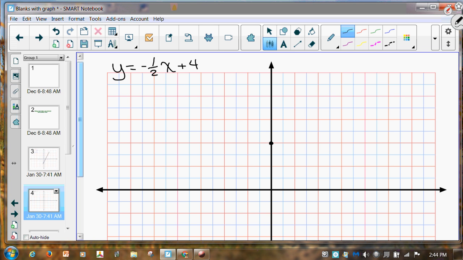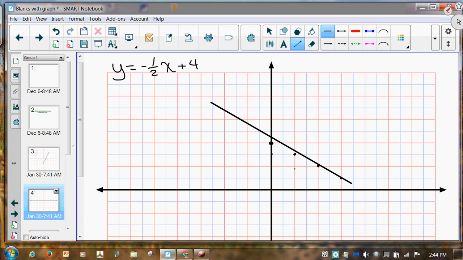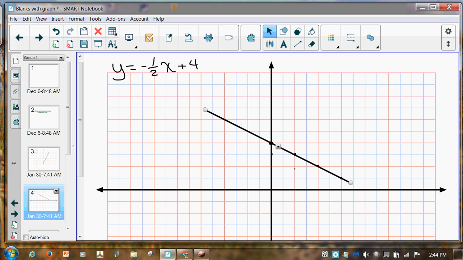So we're going to go down 1 and over 2, down 1 and over 2, down 1 and over 2. And then we can draw our line through those points, and that's pretty close, okay? So there's that one. But let's look at this a different way.